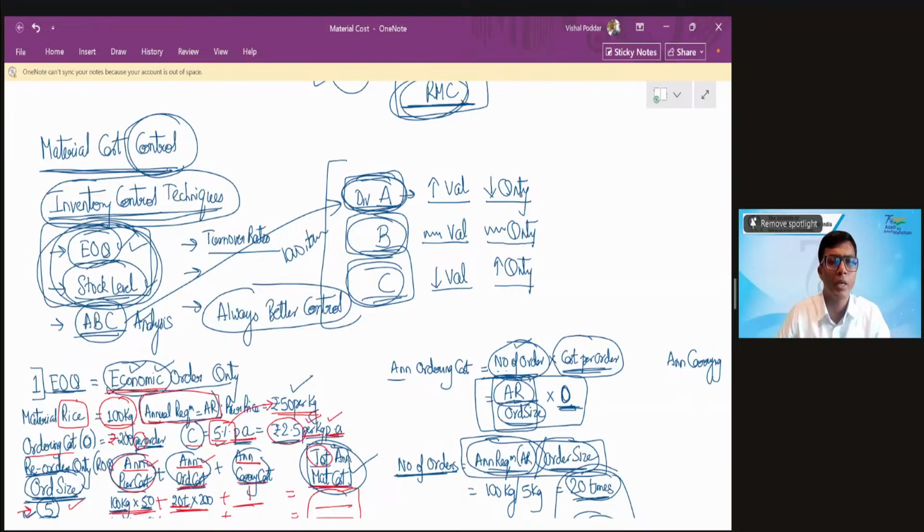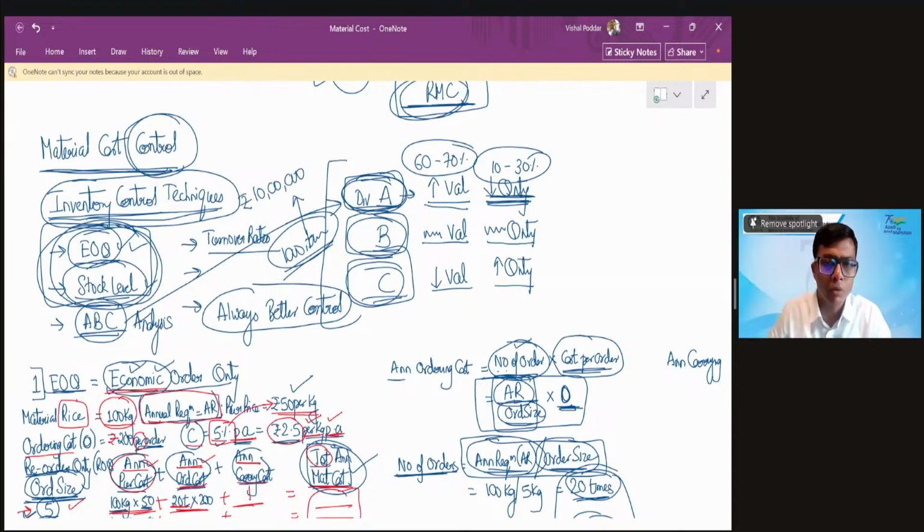I'll find that out of 1,000, hardly 10 to 30% of quantity, that is maximum between 100 to 300 quantity, are those items which value wise are around 60 to 70%. So if I take the total number of items in inventory, let us say it is 1,000, and the value of these items is, let us say, coming as 10 lakh rupees.